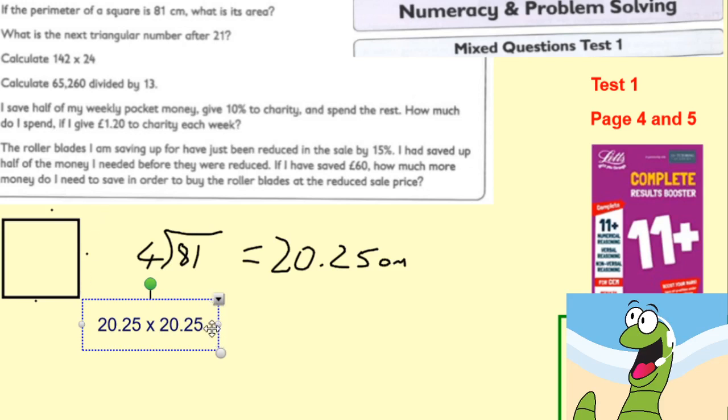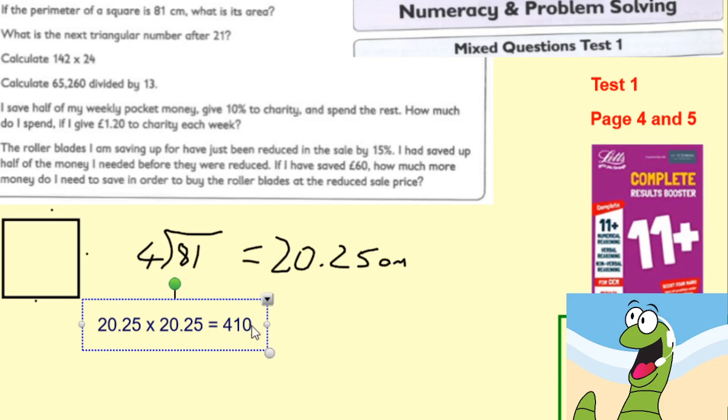So 20.25 times 20.25, and that equals, when we multiply that, 410 and 1/16.